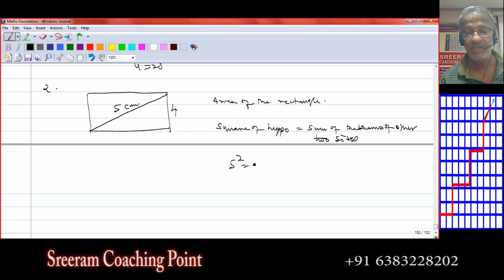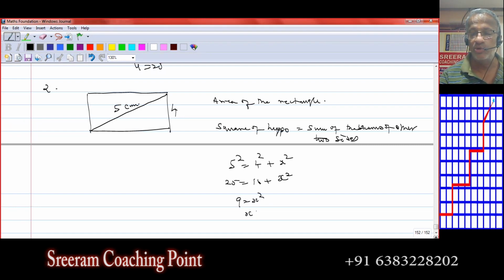Five squared is equal to 4 squared plus x squared. 25 equal to 16 plus x squared. So 9 equal to x squared, x is equal to 3.